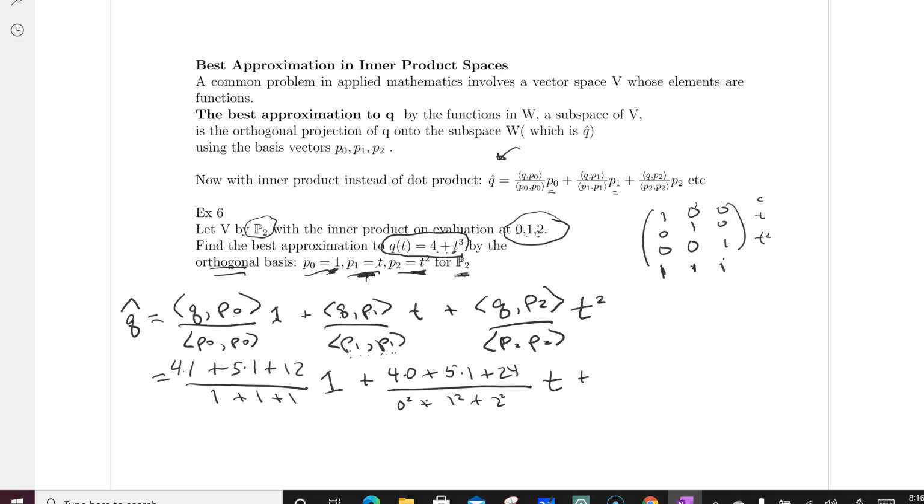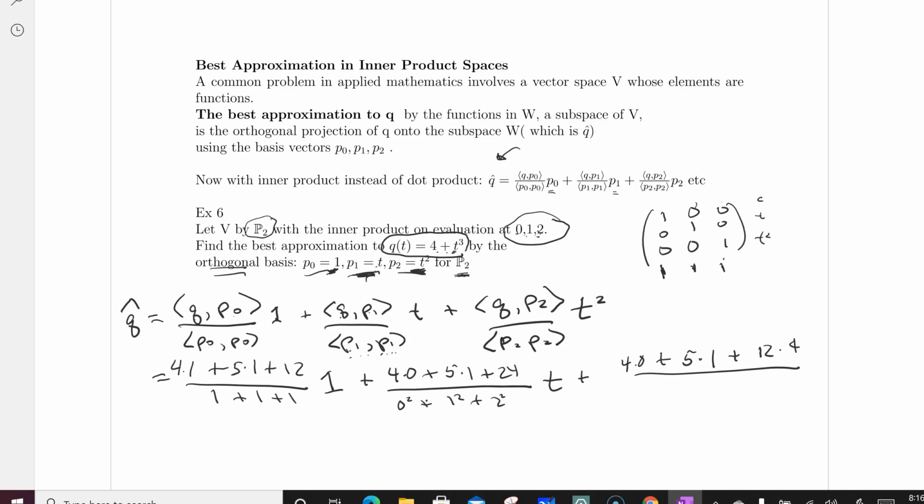So last one here, I'm going to be taking Q at 0, so that's a 4. And then P2 at 0, and that gives me a 0 plus. So Q at 1 gives me a 5, and now I'm going to be putting in a 1 in here, so that's times a 1 plus, and then Q at 2, we know that gives us a 12, and then P2 at 2, that gives me a 4.